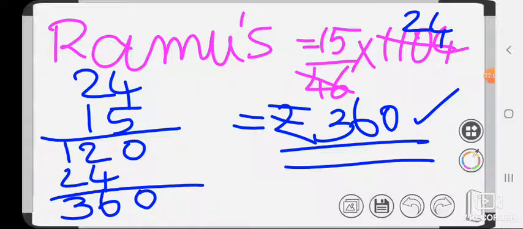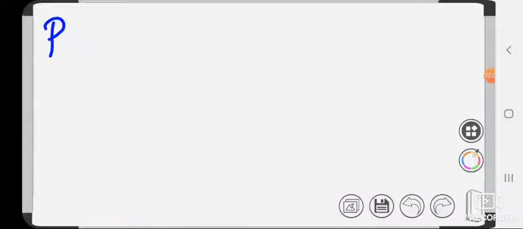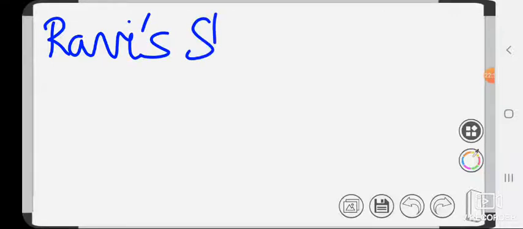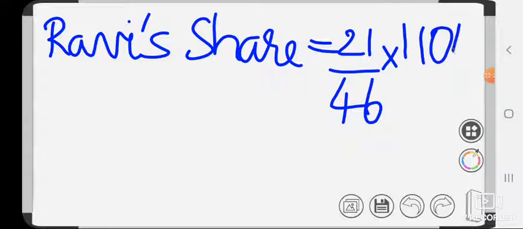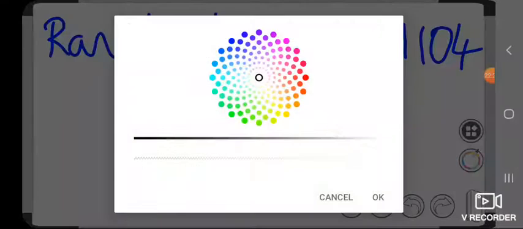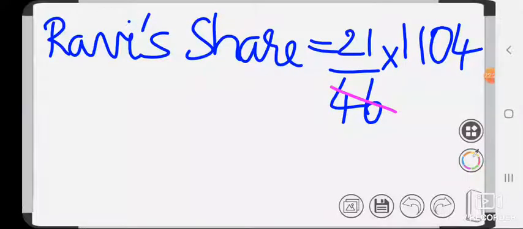Now the last person, Ravi's share. Ravi's share is equal to, the last ratio we got, 21 by the total ratio 46 into the total expenditure 1104. Now the cancellation is the same everywhere, here one time, here 24.